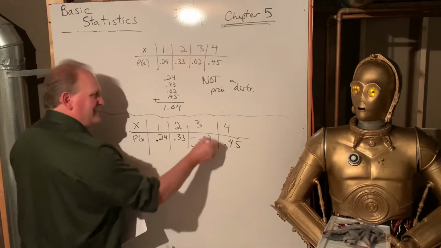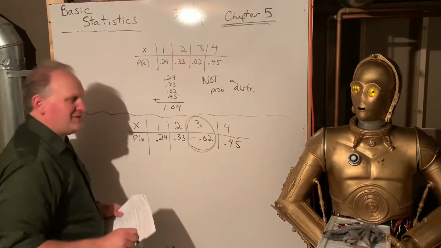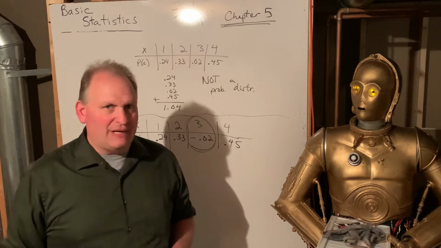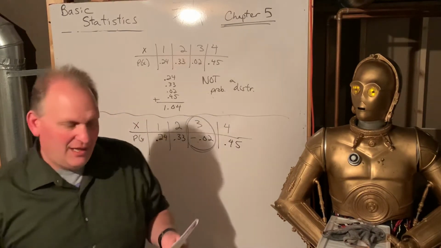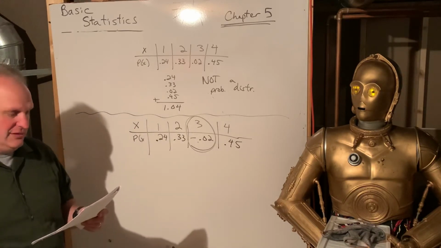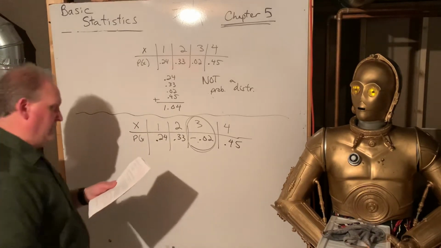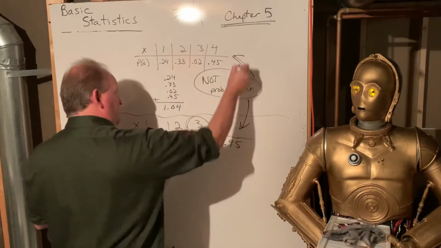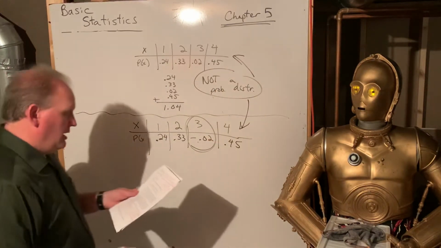You can never have a negative probability. The probabilities have to be between 0 and 1 inclusive. 0 means it's impossible, 1 means it's 100%. And so you can't have a negative probability ever. So that isn't a thing. So this one is also not a probability distribution.